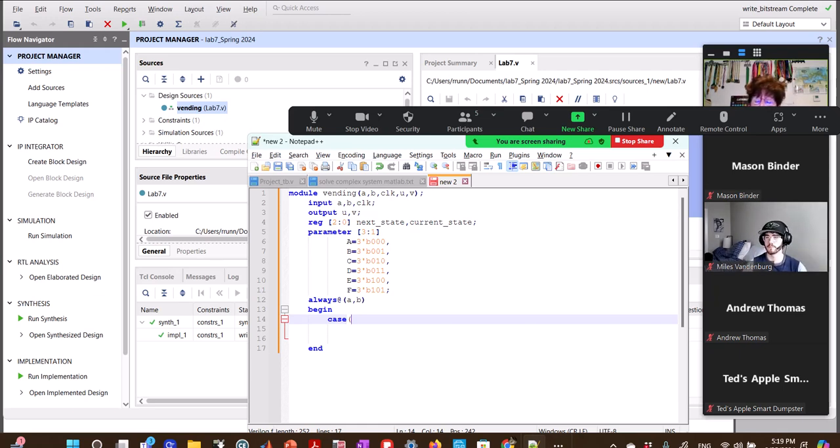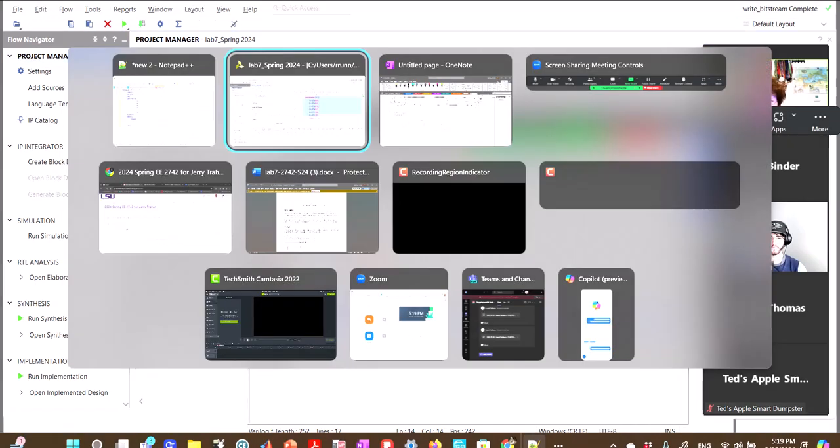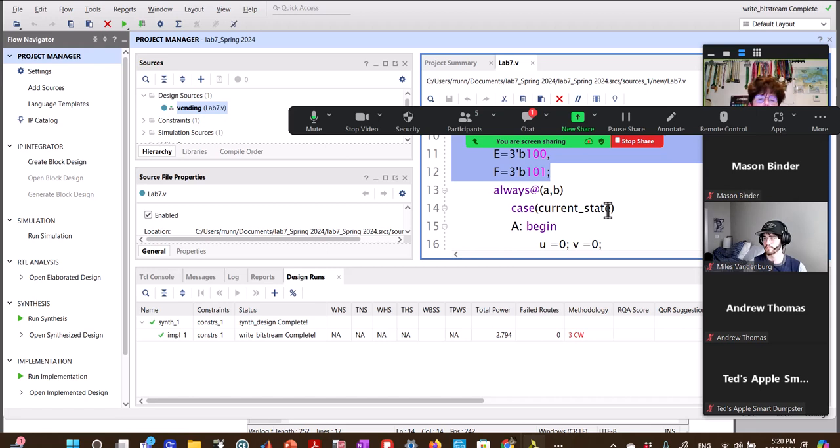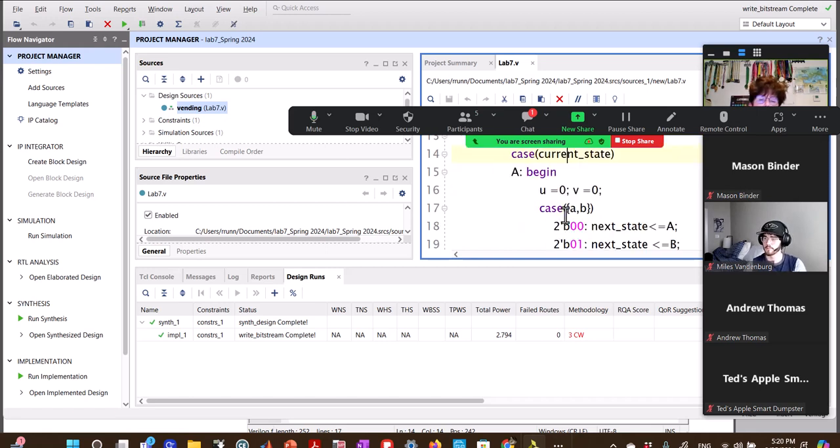I'll show you how I did it before, and I'm going to do it a different way this time. So the way I did it before was I did it by current state. And I said, no, I do want to do it by current state.